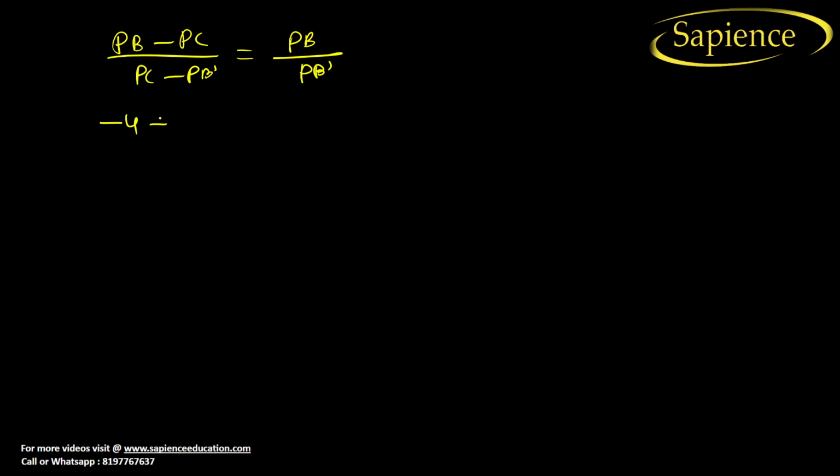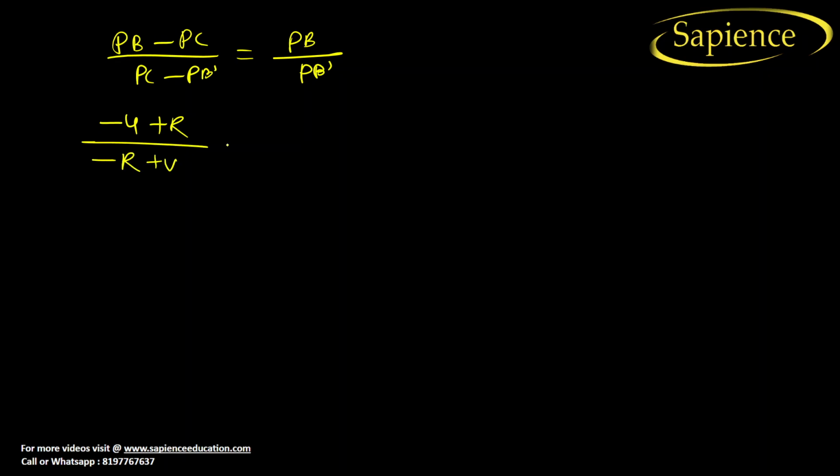So when we put this, I will write the same equation again. PB minus PC by PC minus PB dash is equal to PB divided by PB dash, right? Now put the values. PB is equal to minus U plus R, because minus minus will become plus.